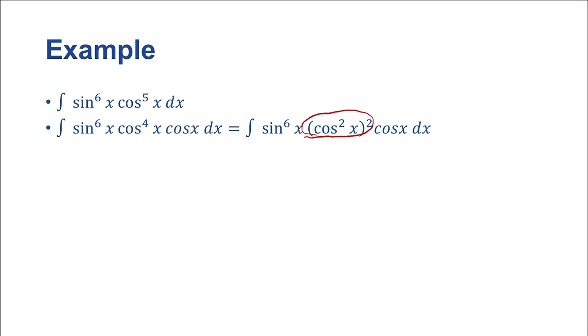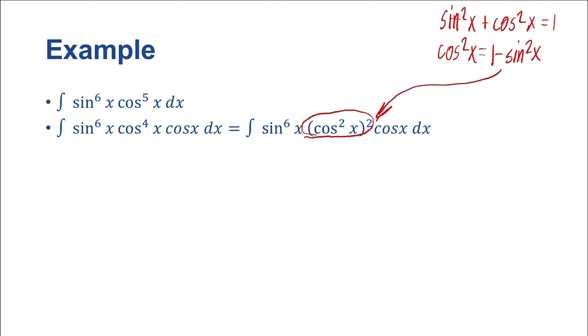If we remember our trig Pythagorean identity, sine squared of x plus cosine squared of x is equal to 1. So we can rewrite this so that cosine squared of x is really equal to 1 minus sine squared of x.